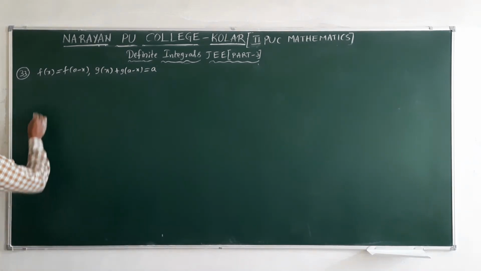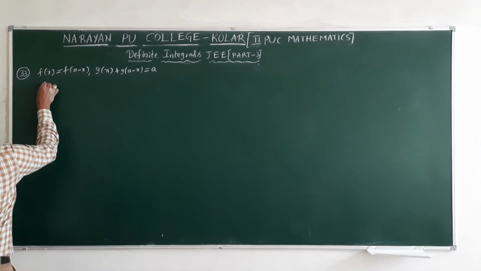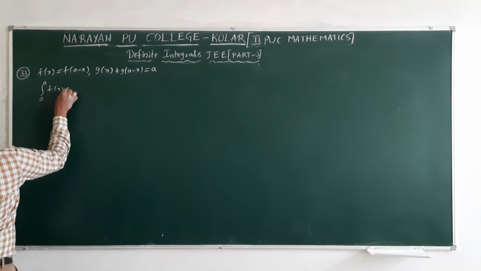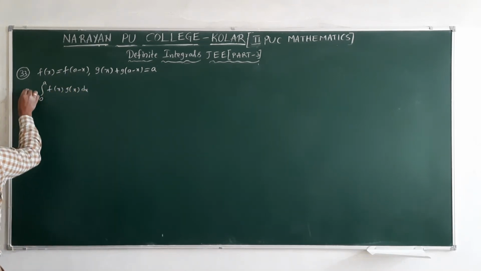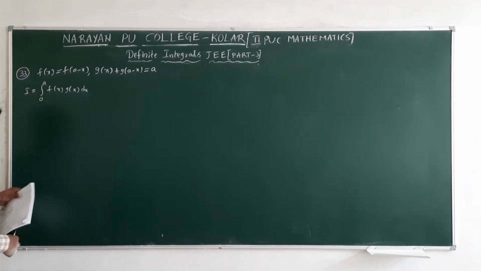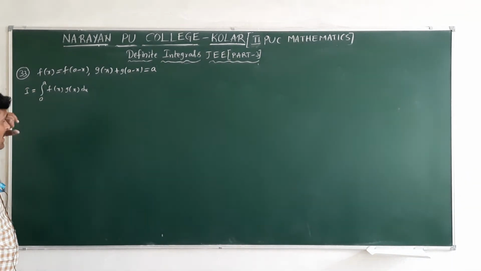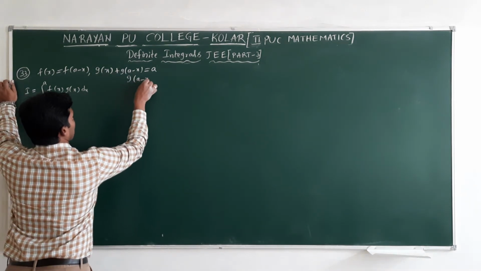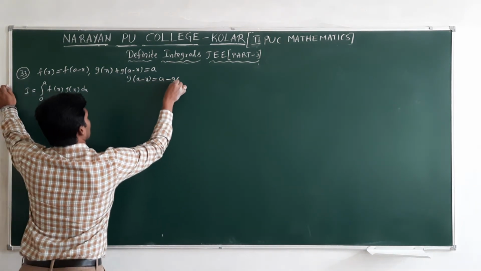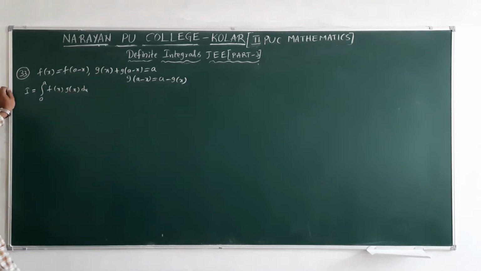Here we need to find the integral from 0 to a of f(x) into g(x) dx. It's considered as I. I'll send g(x) to that side; from this, g(a − x) becomes a − g(x).